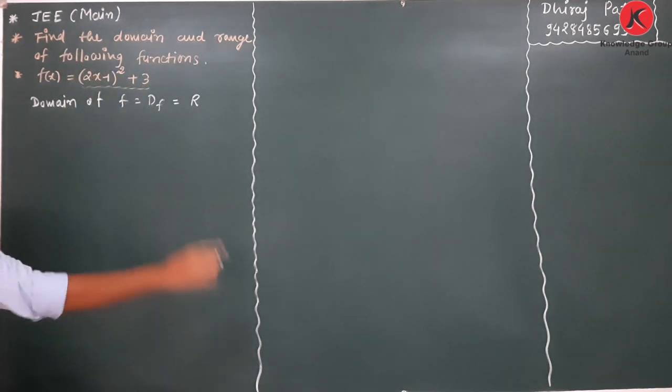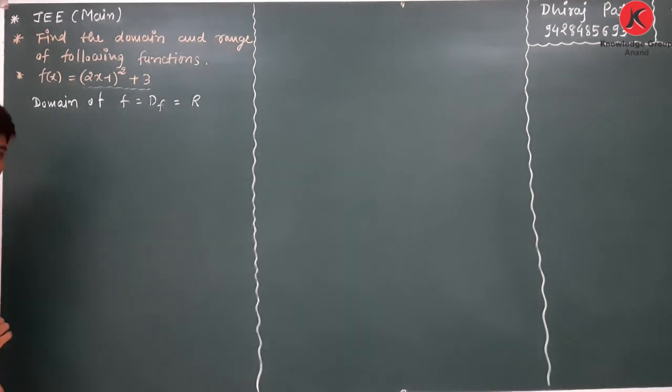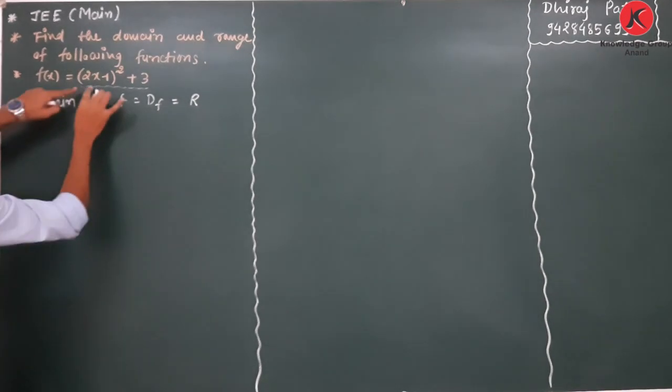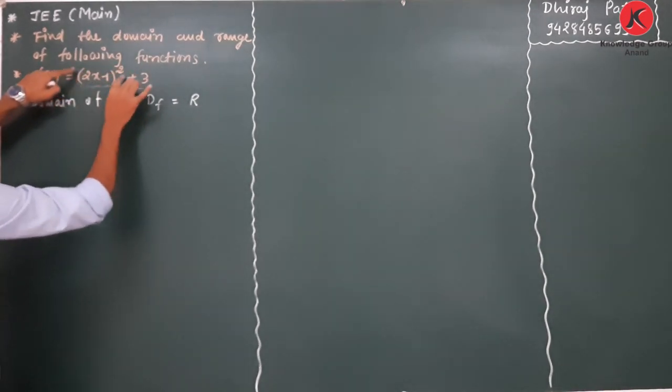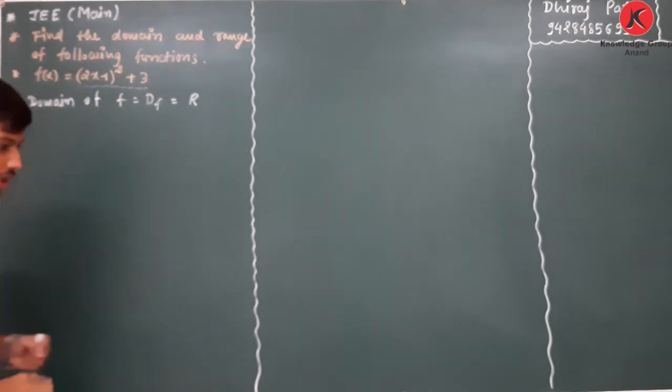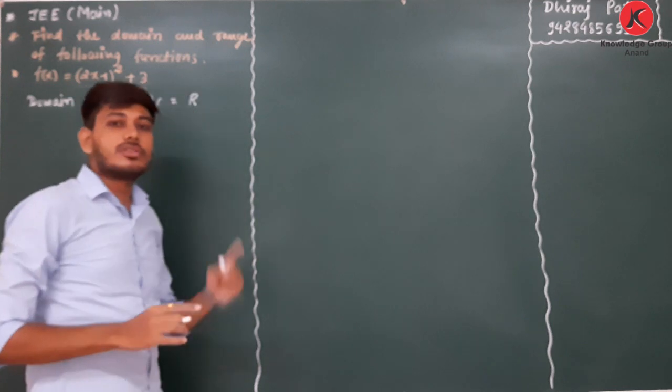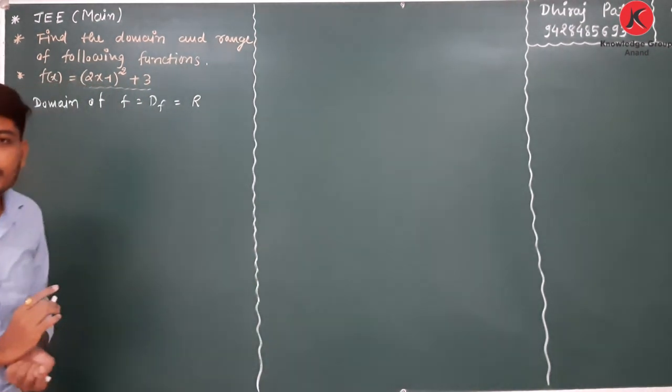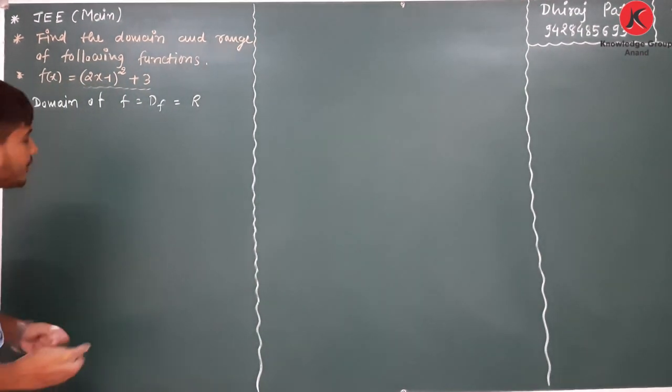Okay? Now, for that, we know that any perfect square term will be always positive or equal to 0. We know this thing. Okay?